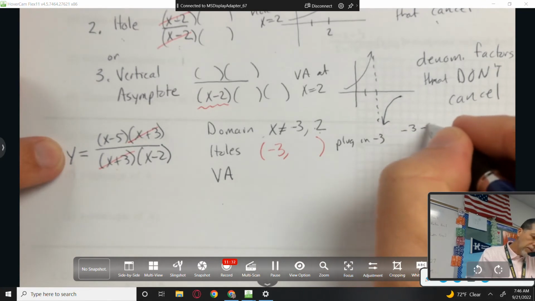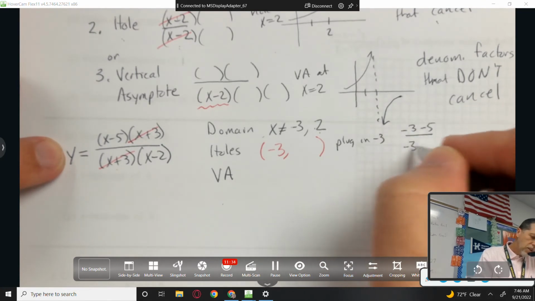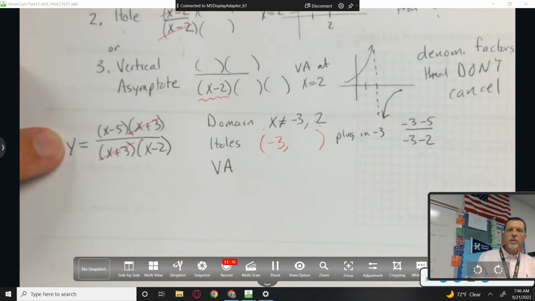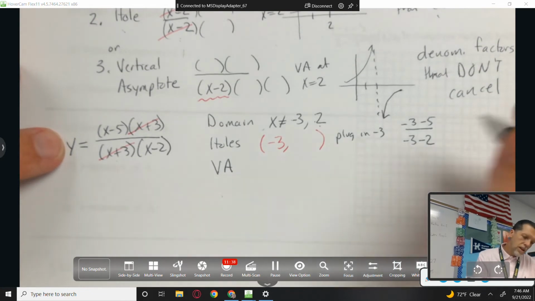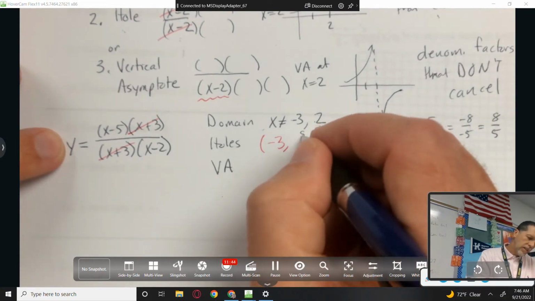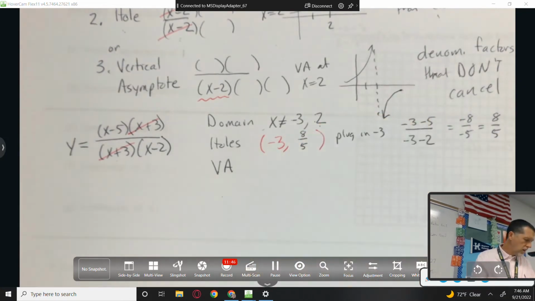So -3 minus 5 over -3 minus 2. -8 over -5 is 8/5. So there's a hole at -3, 8/5.